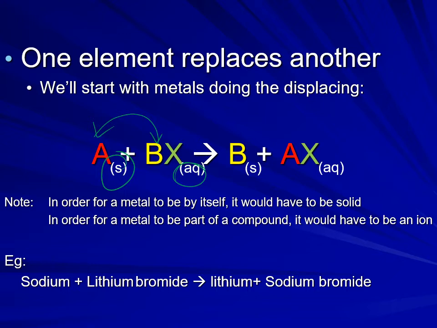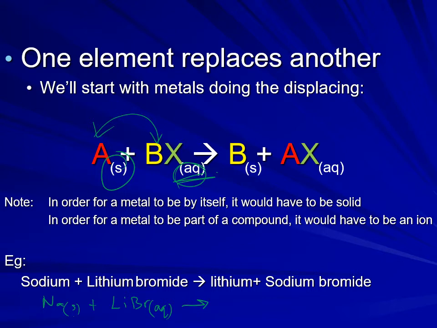How would a metal go from being a solid to being part of an ionic compound that is dissolved in water? The answer is in the electrons. So again, example here, if we had sodium, if it's going to be by itself, it's going to have to be a solid. And then if it's going to be reacting with lithium bromide, the lithium bromide would be in solution. Reacting two solids isn't going to work.